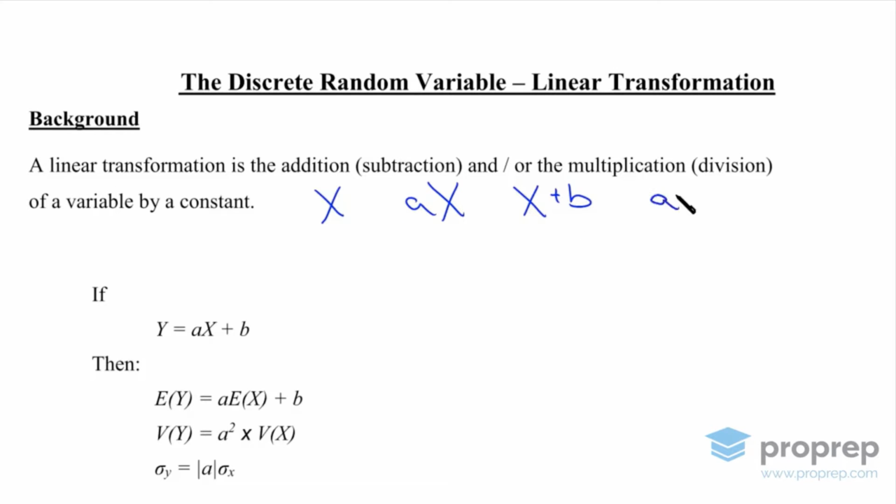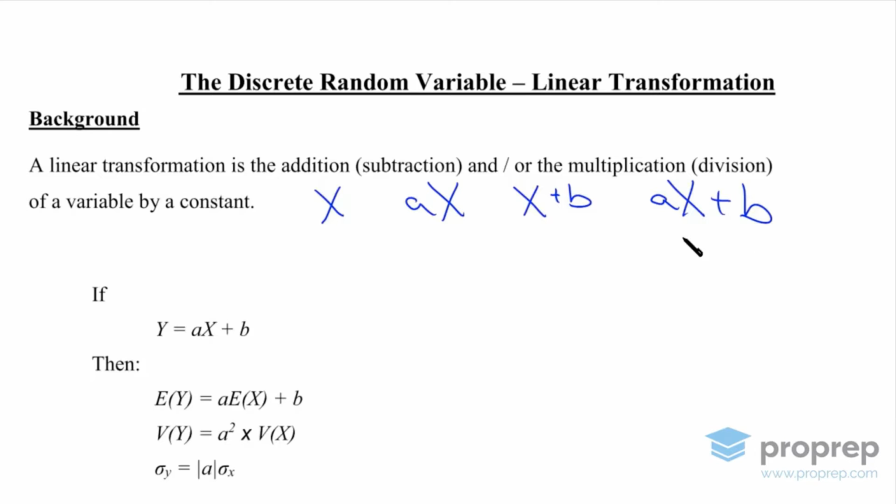We can have ax plus b. That means that we first multiply x by a constant and then add a different constant to it. Basically, in all of these cases, we're creating a linear transformation of x.